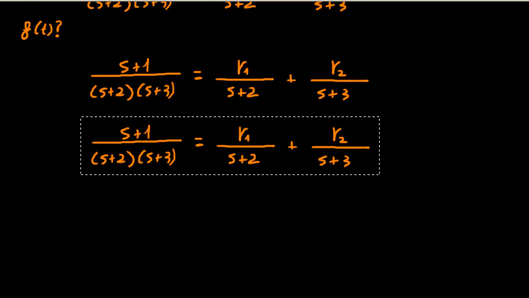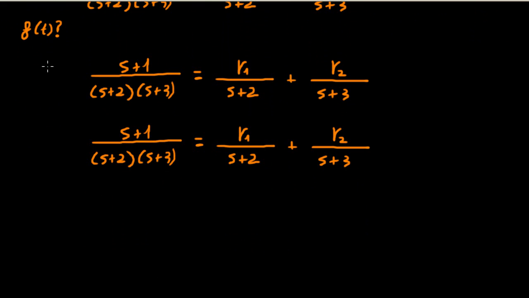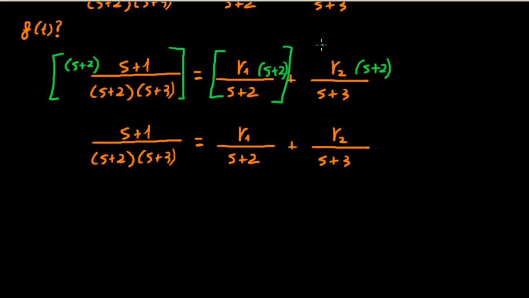So to get r1, we'll multiply everything by s plus 2, and assume that s is equal to minus 2. I'll write it just once.